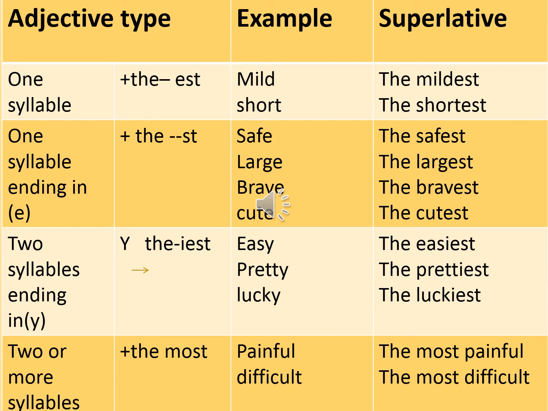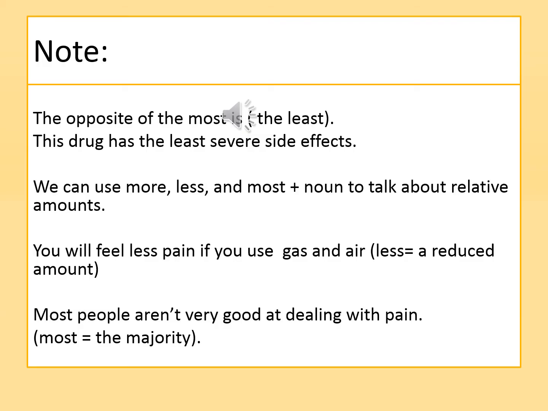For example, painful, the most painful. Difficult, the most difficult. Now we have some notes. The first one, the opposite of the most is the least. For example, this drug has the least severe side effects. Another note is we can use more, less, and most with the noun to talk about relative amounts.